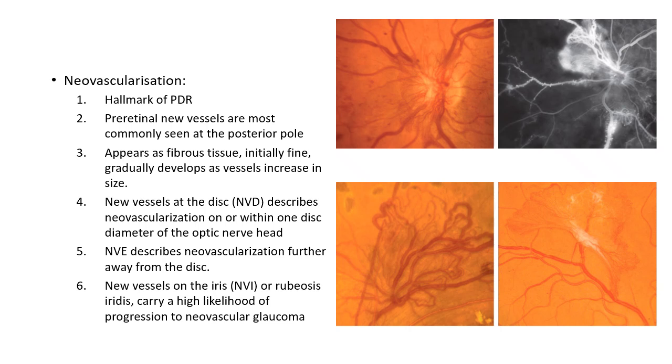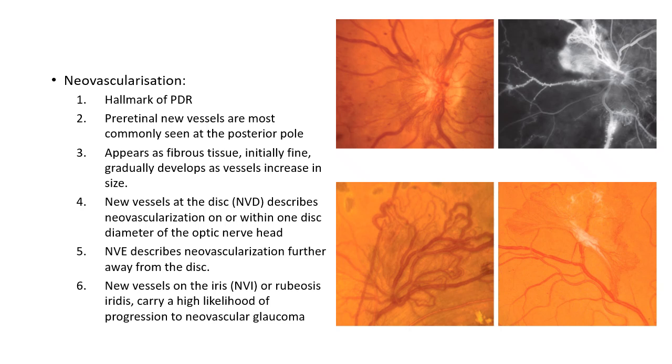So how to differentiate? The differentiation is only on the basis of fluorescein angiography. Okay. So what will you see in IRMA? IRMA will be non-leaky, whereas neovascularization, which consists of new vessels which are fragile, will be leaky.